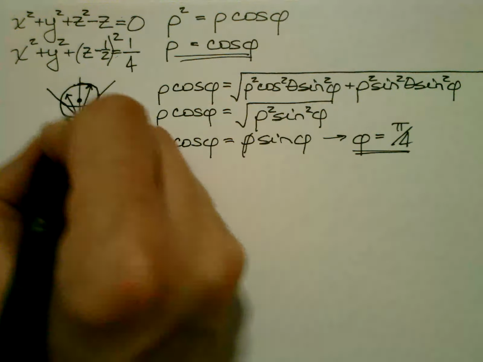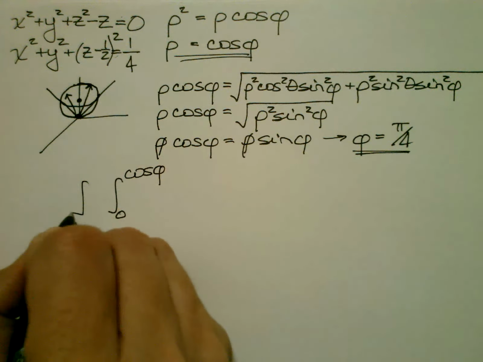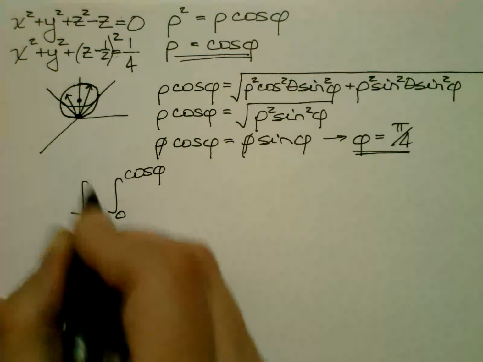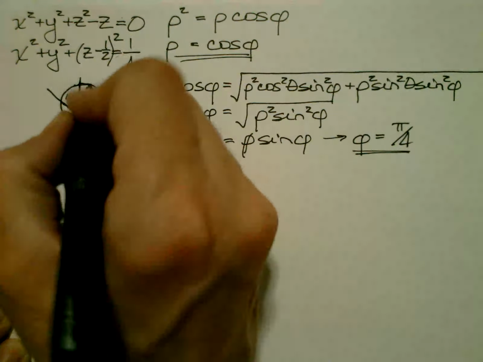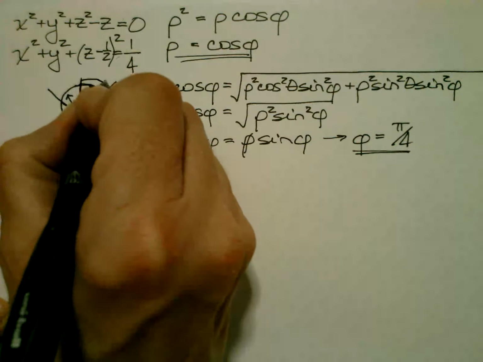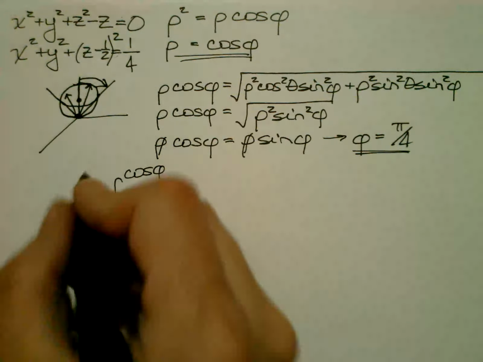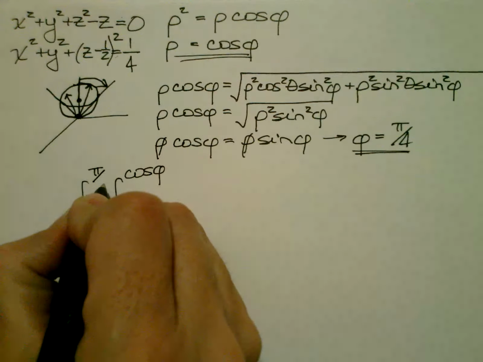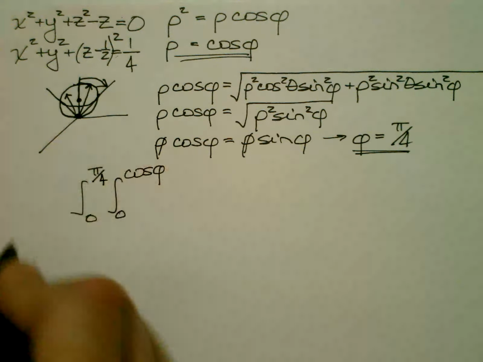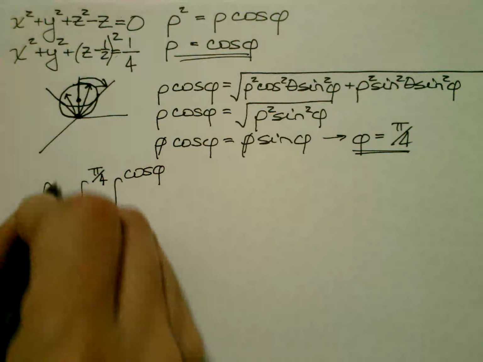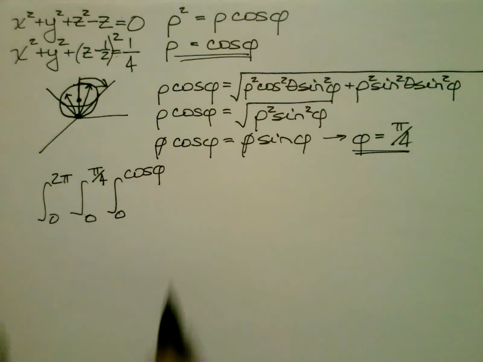Phi goes from 0, so that's the z-axis, to the cone, again at every location in this solid. So that's 0 to pi over 4. And theta, I want the entire thing all the way around, 0 to 2 pi.